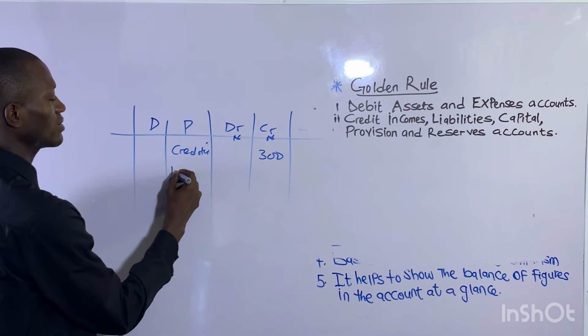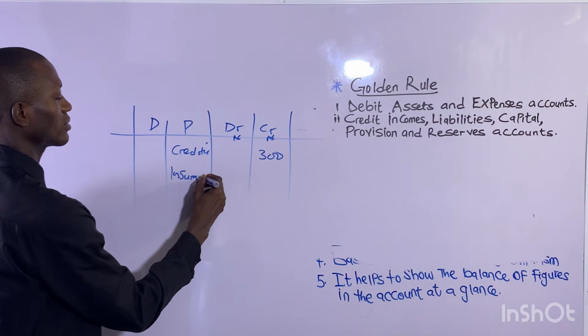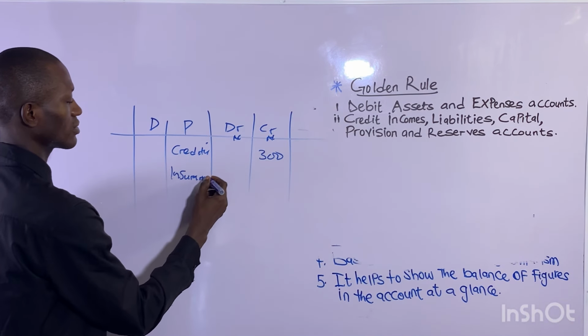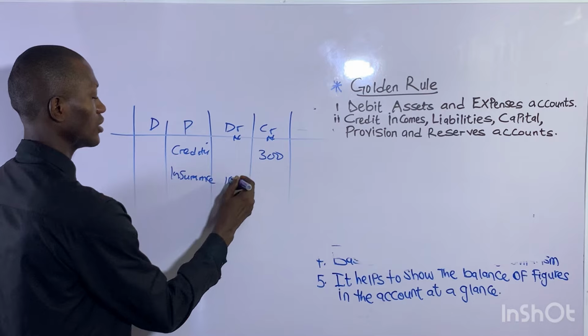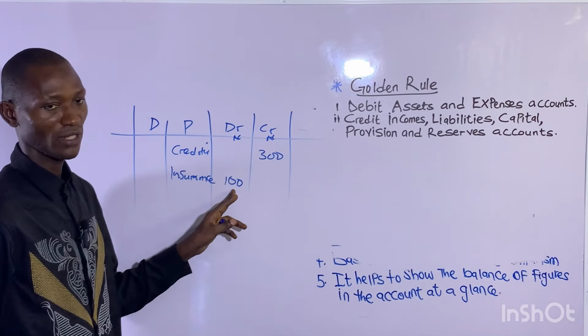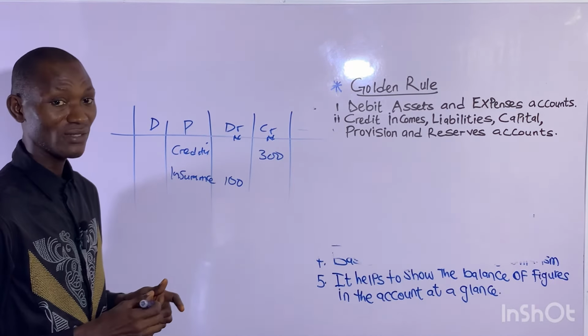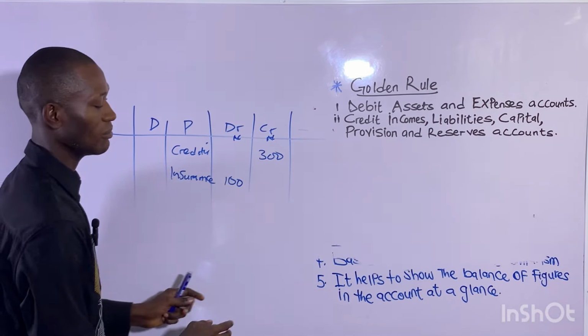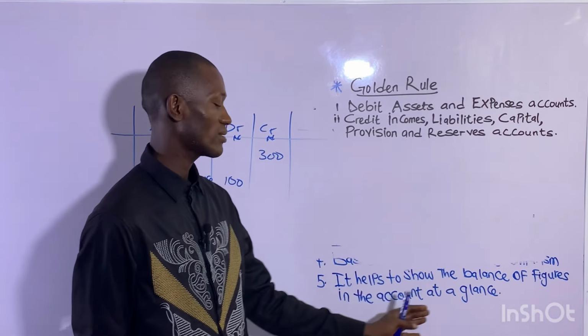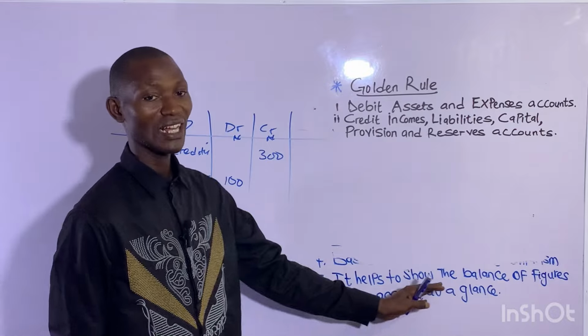Then if you also have, let's say, insurance, which is an expense, and all expenses are debited. So let's say this is 100. This 100 you have here with respect to insurance is the balance in the insurance account. That's what we mean by it helps to show the balance of figures in the accounts at a glance.